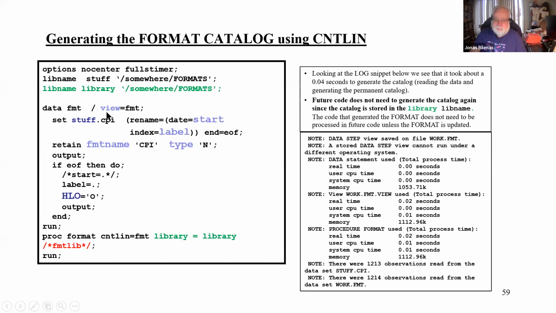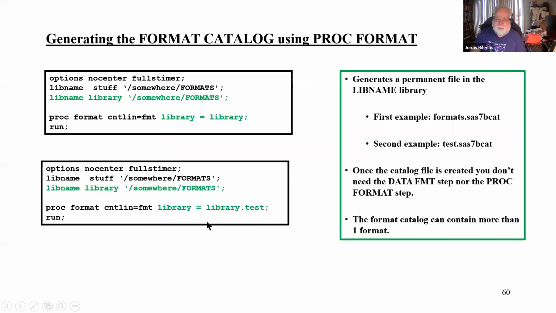Now, when you have more than one format you want to create, once you get this data set generated, you have to sort by the format name. That may be in some older papers I had.